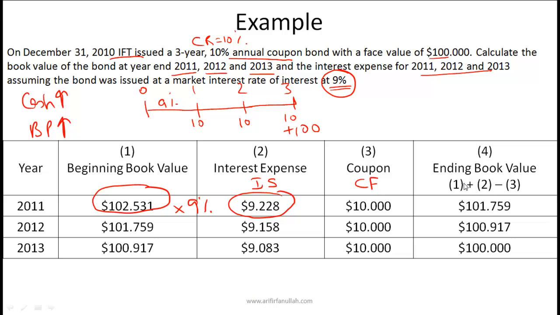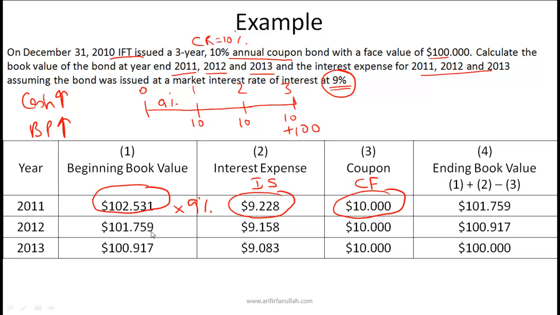The end book value now is derived by taking the difference between the coupon, so we look at 10 minus the interest expense. This difference is subtracted from the book value to give us 101.759.